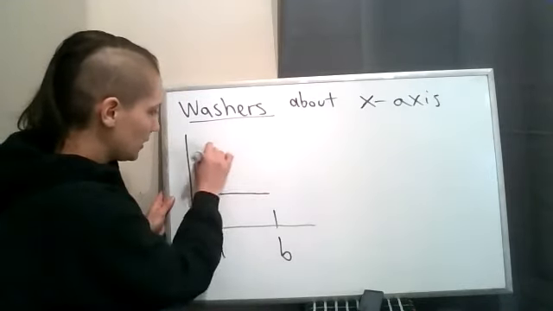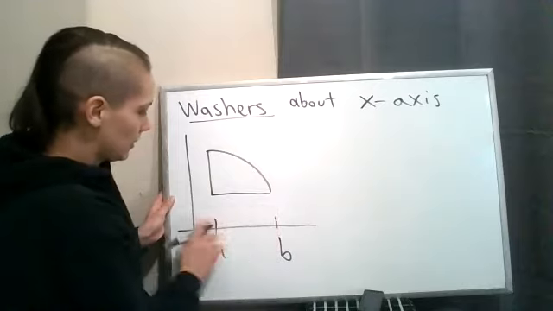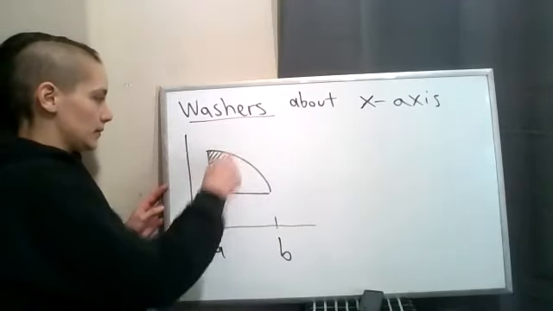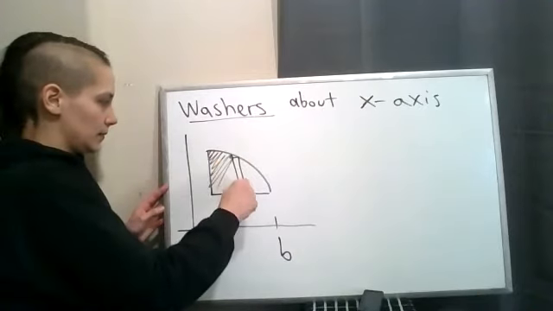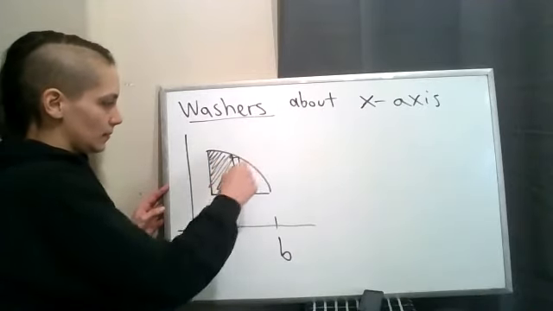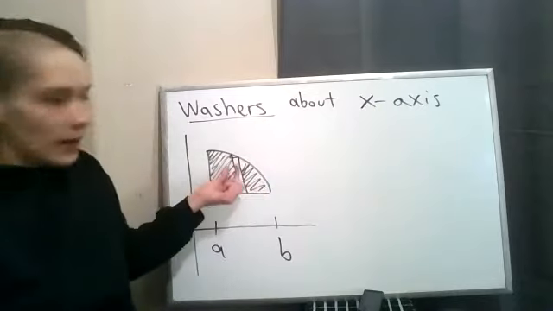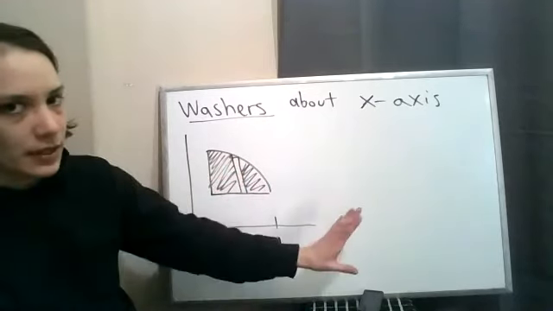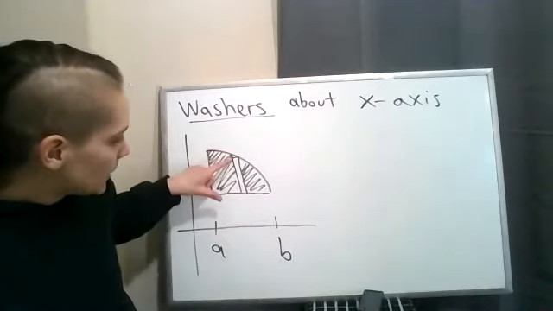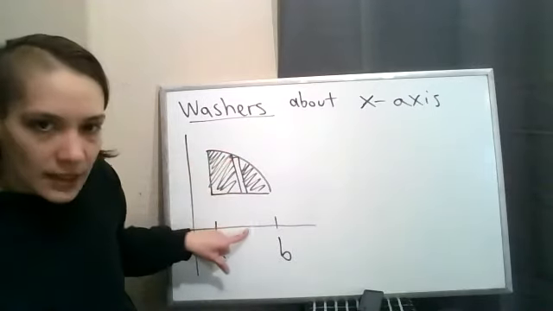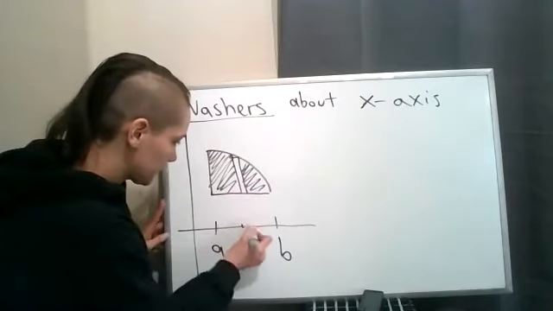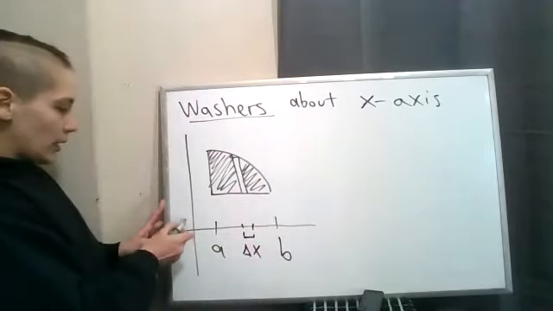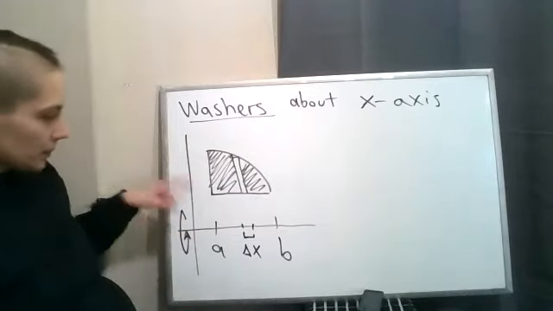Up and we're going to fill it with washers. We'll draw the pictures later with our examples. So this is a width of delta x. And we go around the x-axis.